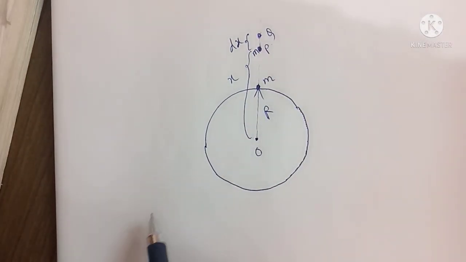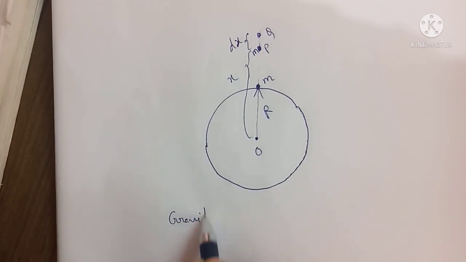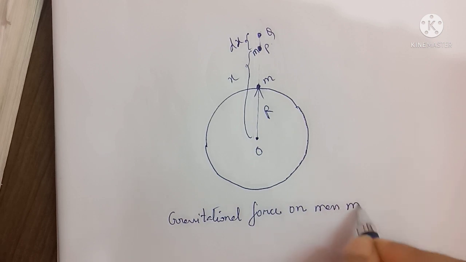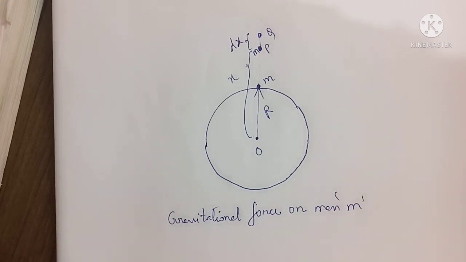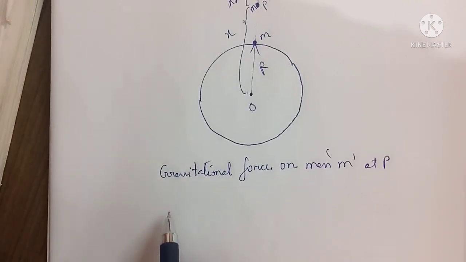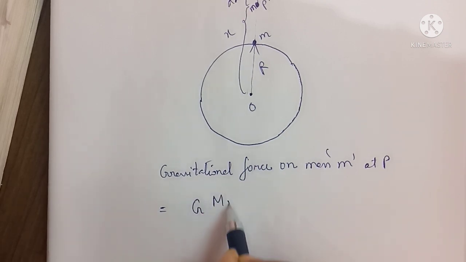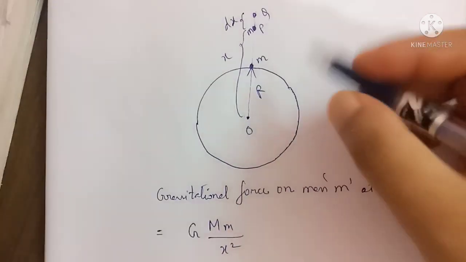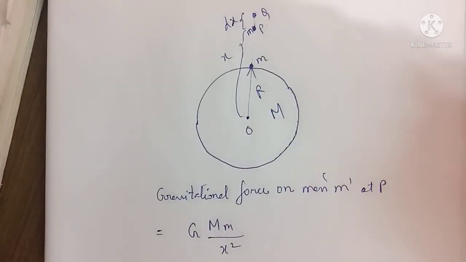When the object is at P, the gravitational force on mass m, which is to be projected, will be equal to GMm by x square, where x is the distance of the object of mass m from the center of Earth, and we are considering capital M to be the mass of the planet or Earth.